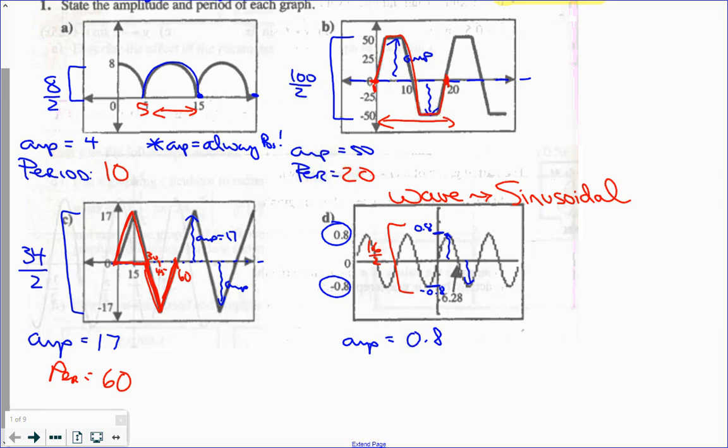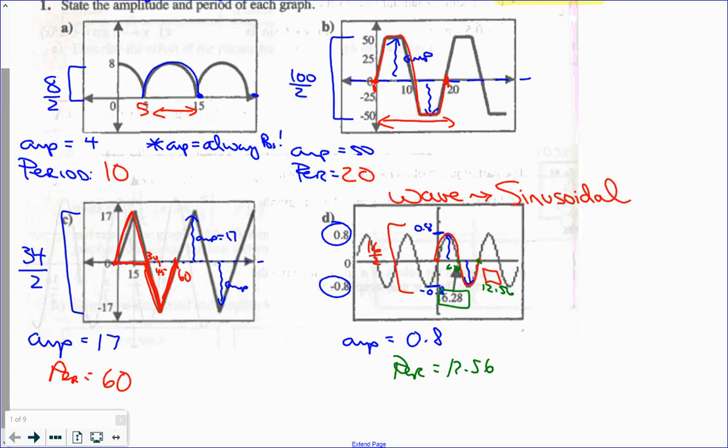And then the pattern starts at 0, goes up, down, back. We need to figure out how far that is. So it told us that the halfway is at 6.28. So then this must be at 12.56.